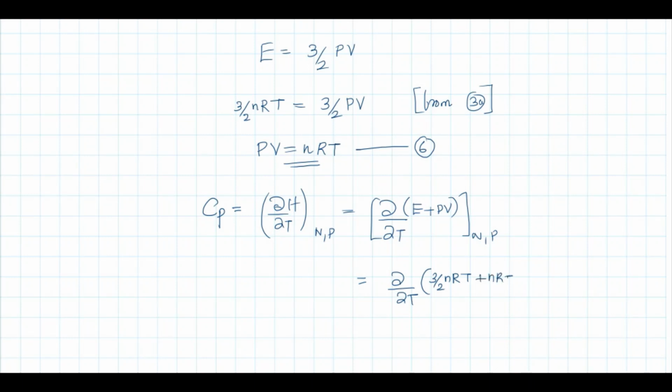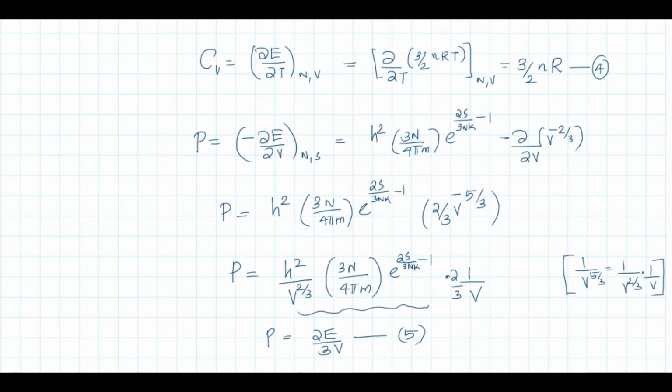So it is ∂/∂T of 5/2 nRT. Taking the derivative with respect to T, you will get 5/2 nR. So Cp is 5/2 nR. Call this equation number 7.